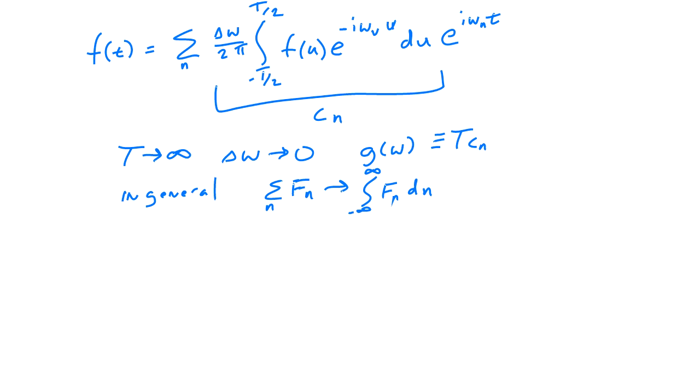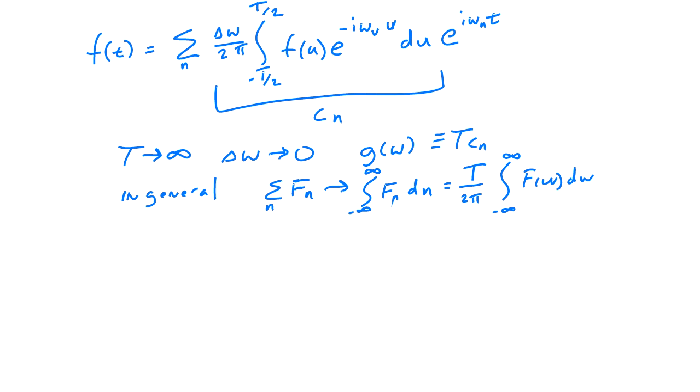And then that, in turn, could be T over 2 pi times the integral from minus infinity to infinity of f of omega d omega, where I use the definition of omega in order to replace the delta in the n with the delta in the omega.